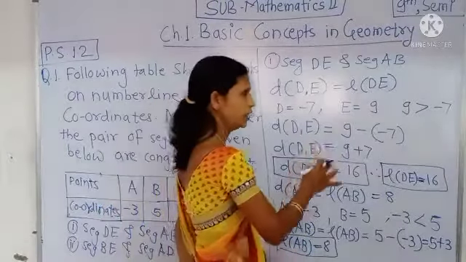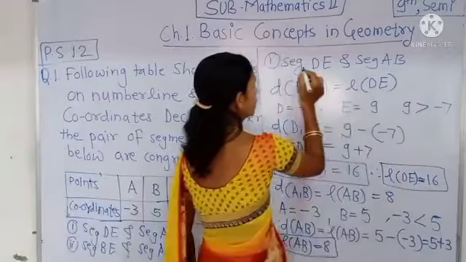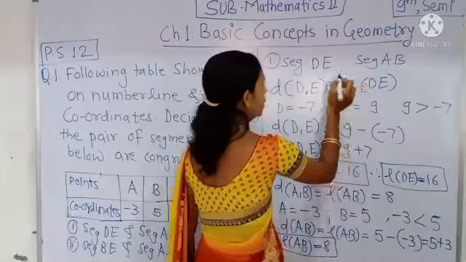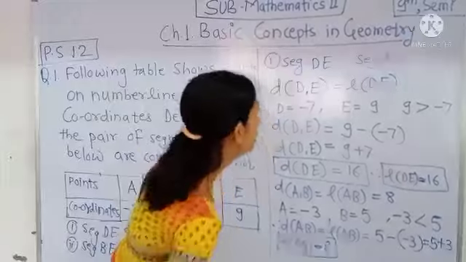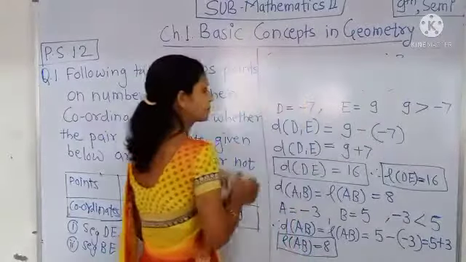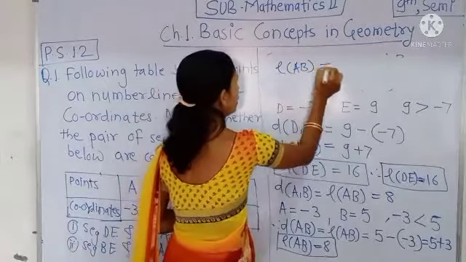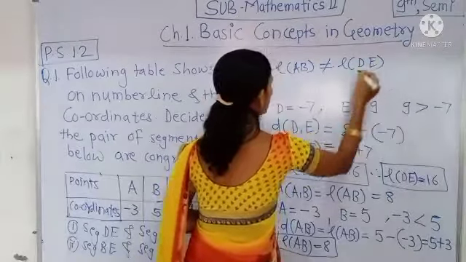That means in this example the length of AB is not equal to the length of DE.